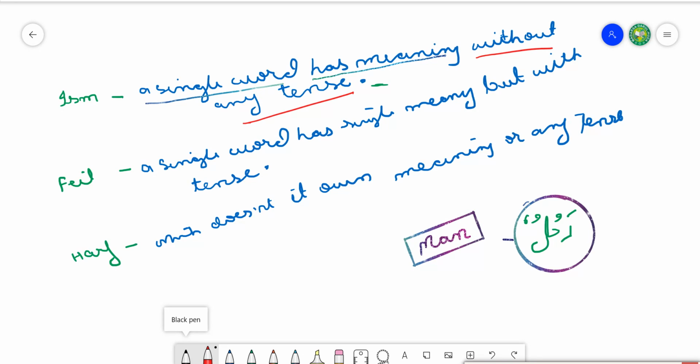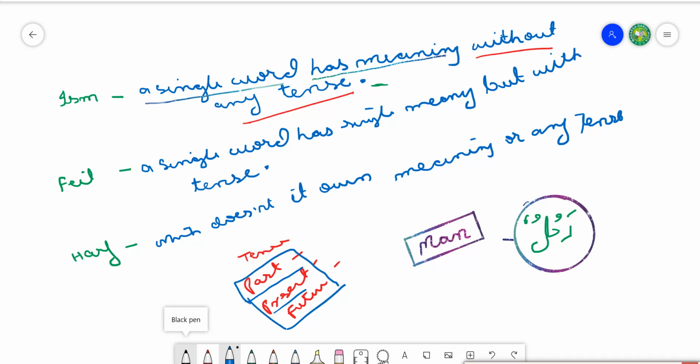For example, there are three types of tense: past, present and future. So when we translate the ism, there will be no mention of past, present or future. This means that the translation will not give us any information about the timing or the period.